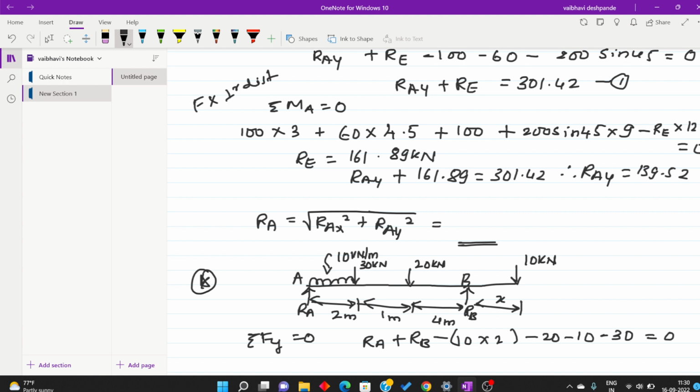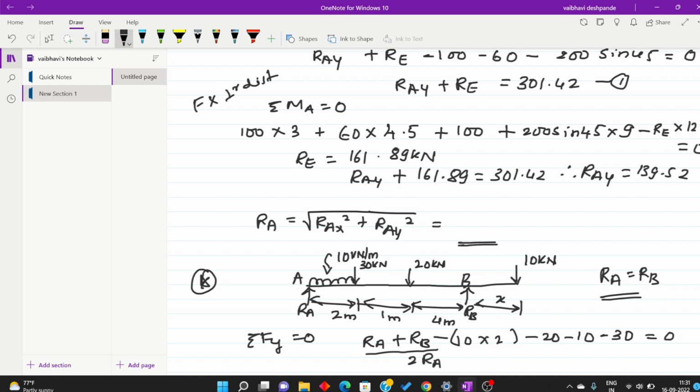Next, they have given in the question that RA and RB are equal. RA is equal to RB means this term will become 2 times RA.